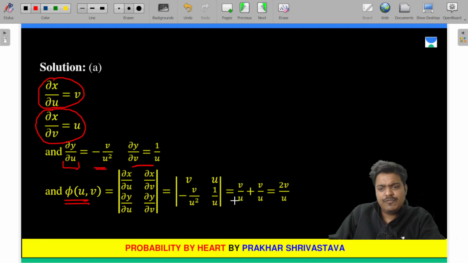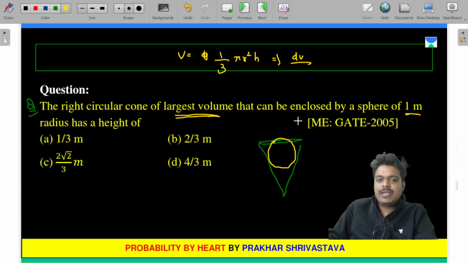See, the largest volume that can enclose the sphere of 1 meter radius has a height of... so the radius of this is 1 meter. Now what you need to do is just apply the formula here. You know that this is the radius of the cone and the radius of the sphere is 1.